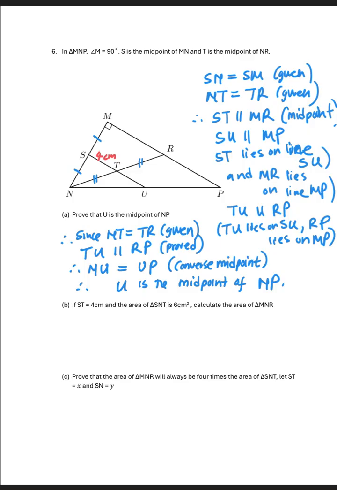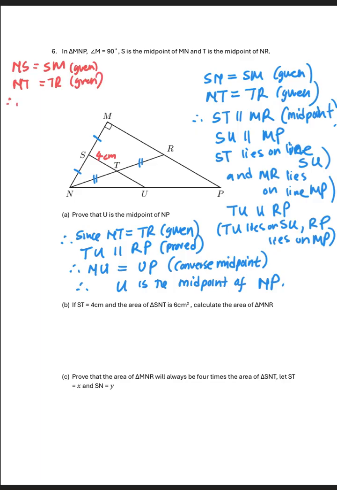So now we face this problem right here. I'm gonna use a red color to do the solution of B. I'm gonna start it at the top because of space on top of the diagram right here. So to do that, we're gonna say, okay, since we are given that NS is equal to SM, right? And NT is equal to TR. These are given, right?